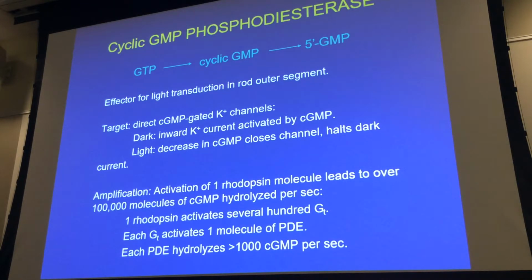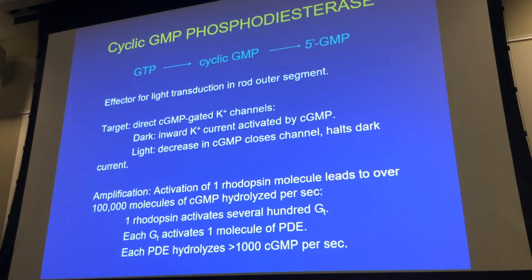So when you activate rhodopsin, it's not just hitting one G alpha T. It's activating a lot of them at the same time. And each molecule of transducin activates one molecule of phosphodiesterase effector. And each molecule of phosphodiesterase hydrolyzes more than 1,000 molecules of cyclic GMP per second.